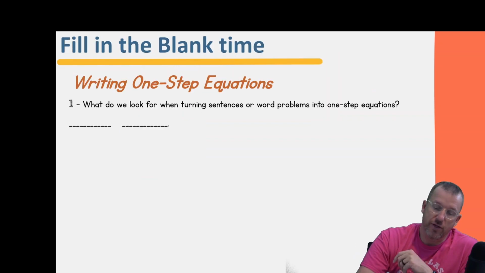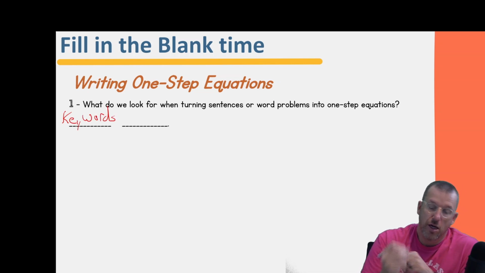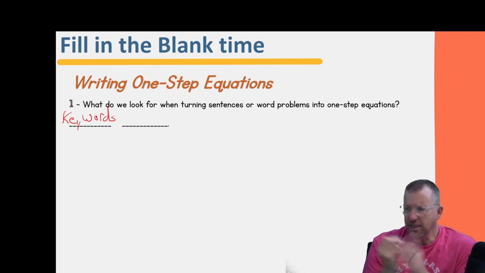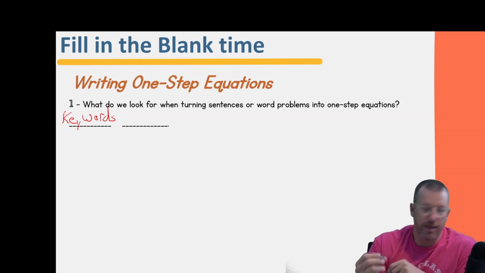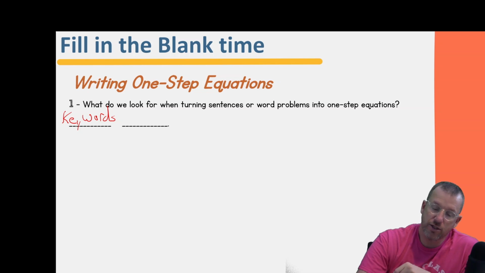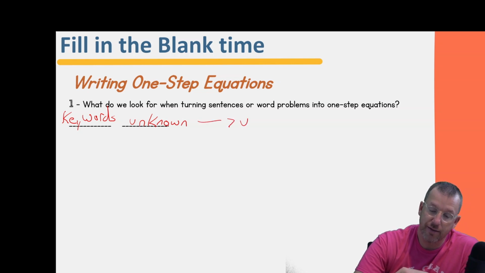We're looking for two things. We're looking for keywords like less than, is, equal to, multiply, all those things we just talked about. And we're also looking for the unknown. What is missing? We have to know what is missing because that's going to be our variable.